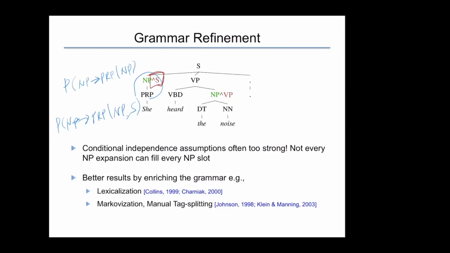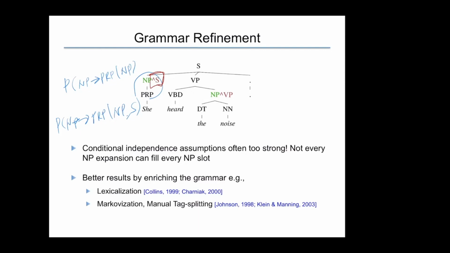So you'll be able to differentiate between NP hat S and NP hat VP, which were not differentiable without considering what's above that constituent. So that's very useful, right? Because now you're able to make the probability rule separately for these two cases.